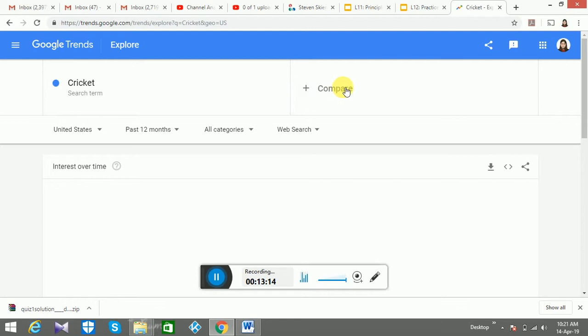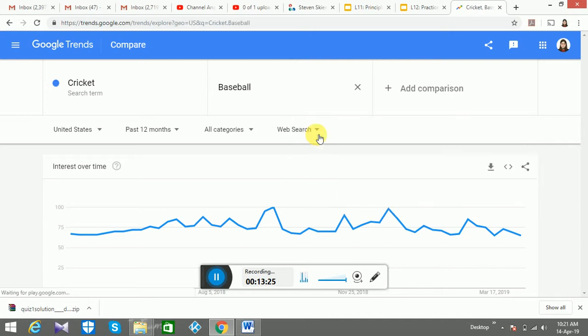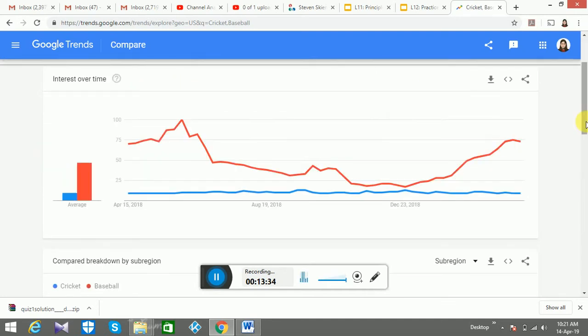Now I'm going to compare this with baseball here. I'm looking at it as a search term, and I write baseball here. These two are similar, and I see the trend.